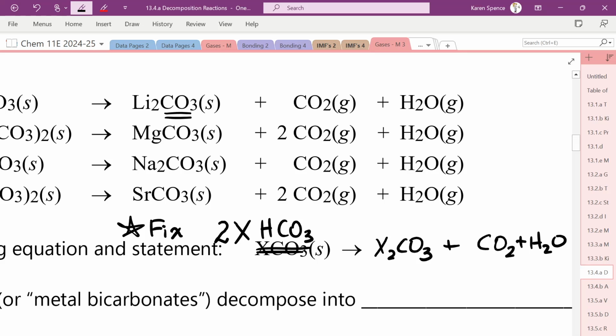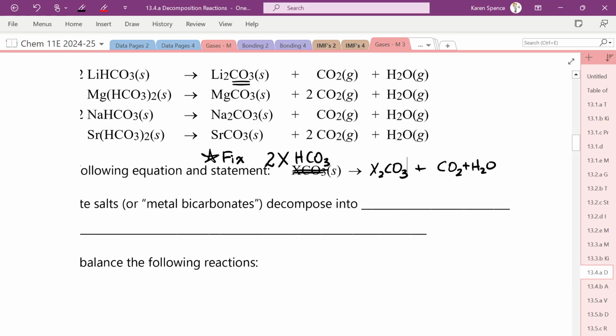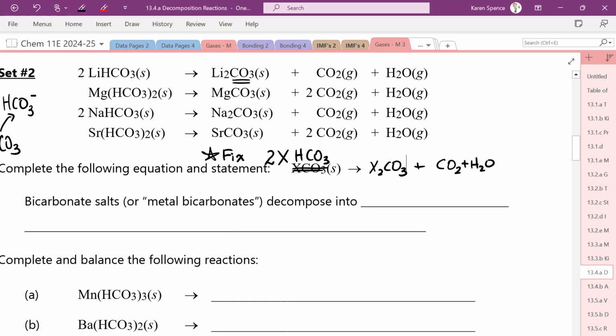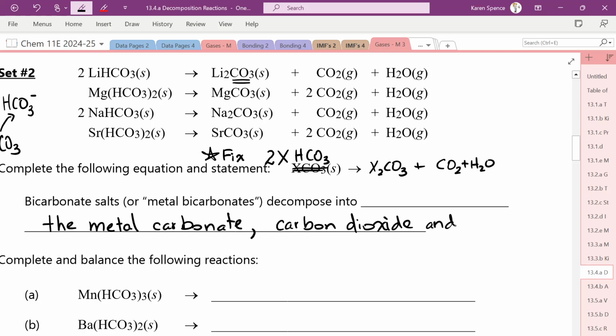Yeah, that's it. So all bicarbonate salts, also known as metal bicarbonates, decompose into the metal carbonate, carbon dioxide, and water.